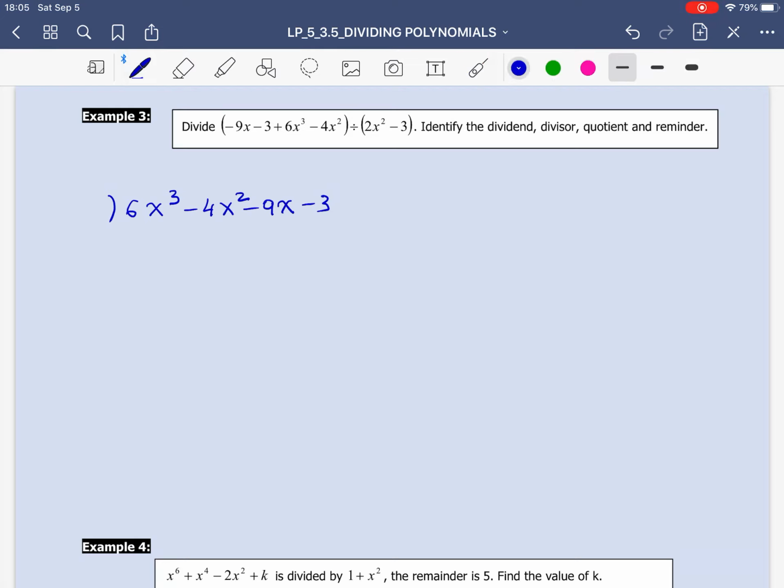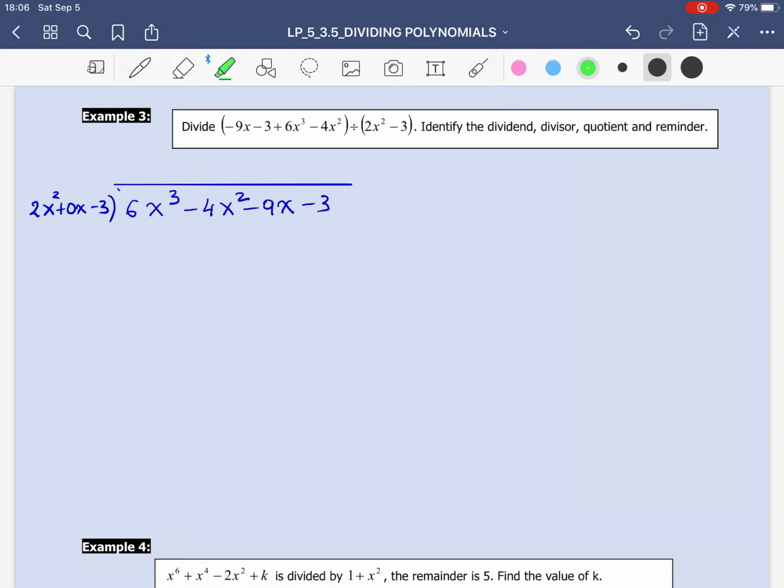So what I like to do usually is write the divisor in this form. The reason why I want to do it is because sometimes it's easy to miss the x term and misplace the numbers when you perform the division here. So I'll show you as we go over the solution together.